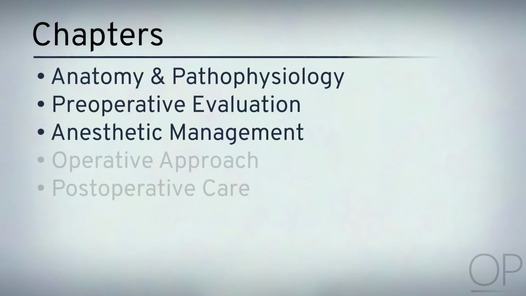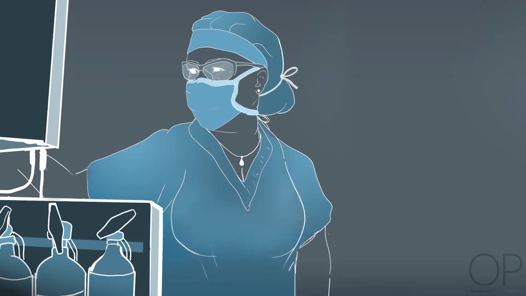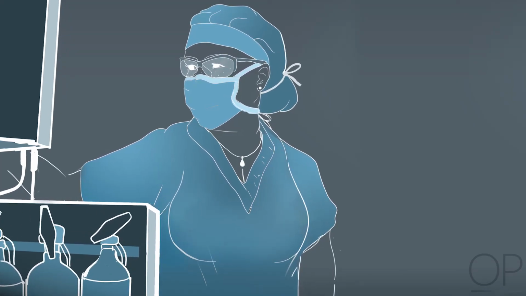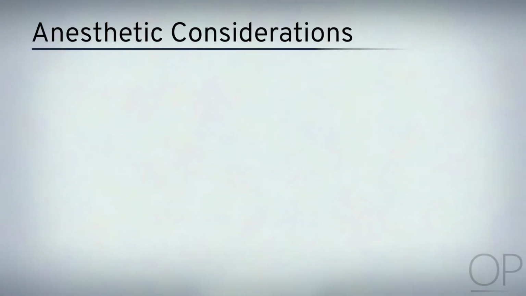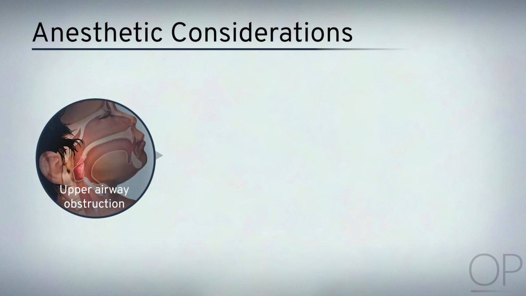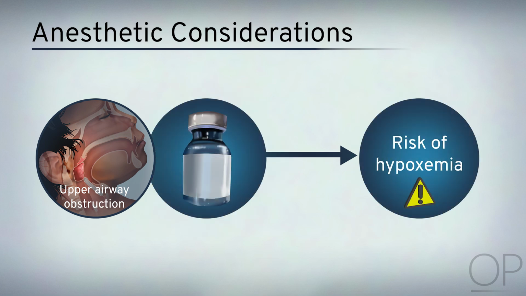Anesthetic management. The anesthesiologist is posed with a unique set of challenges during adenotonsillectomy for both operative and patient considerations. Patients presenting for adenotonsillectomy may have known or suspected obstructive sleep apnea as a result of upper airway obstruction, which increases the risk of hypoxemia during the pre-induction phase after receiving sedative or hypnotic medications.